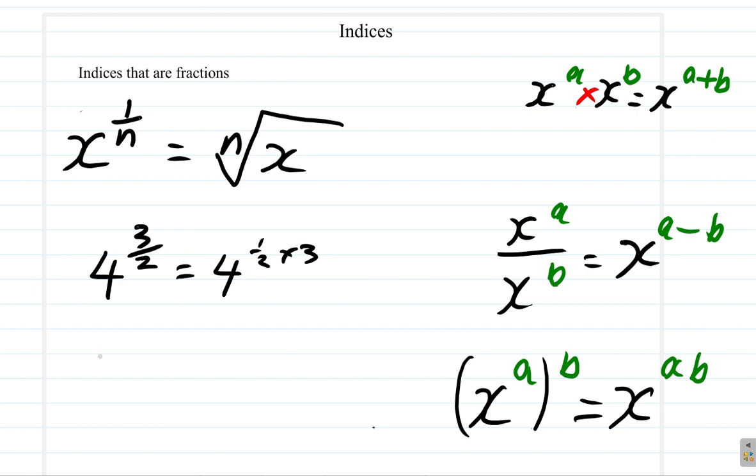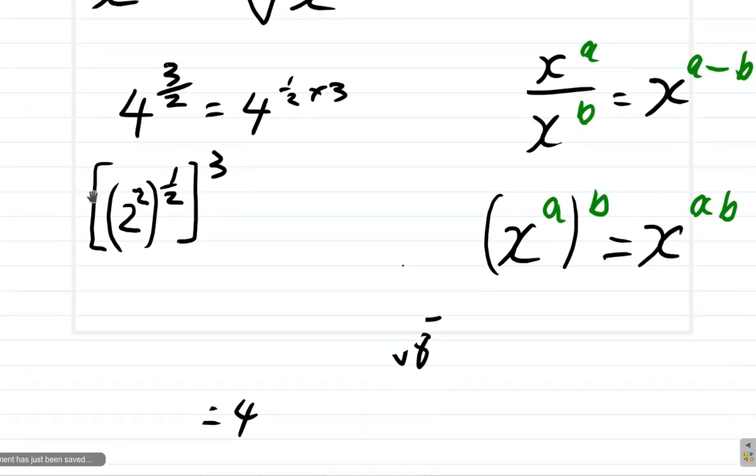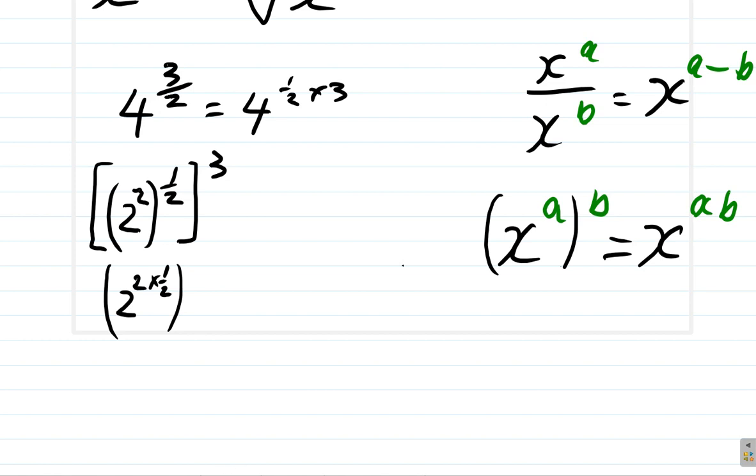Now, in our previous video, we saw that 4 to the half is 2 squared to the half. And then all of that is raised to the 3. But 2 squared to the half is the same as 2 to the 2 times a half, and of course, all of that is now raised to the 3.